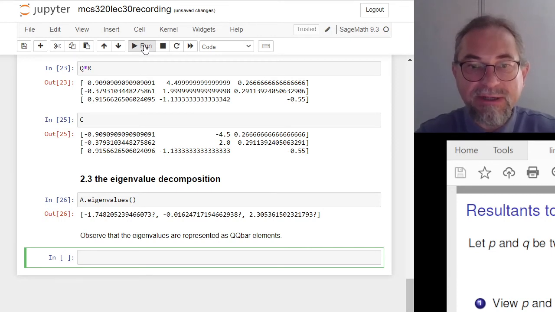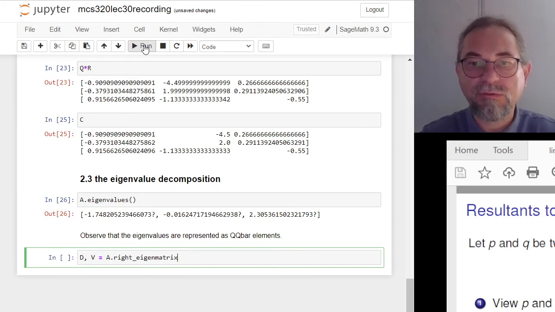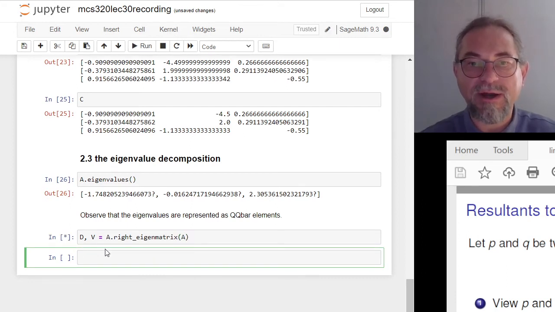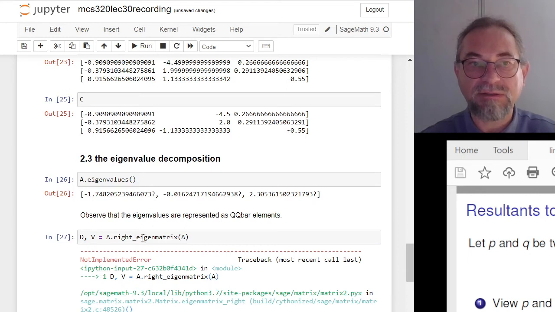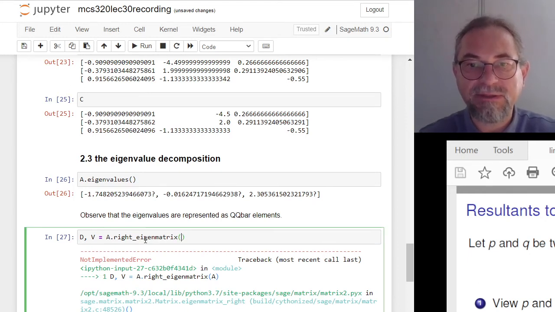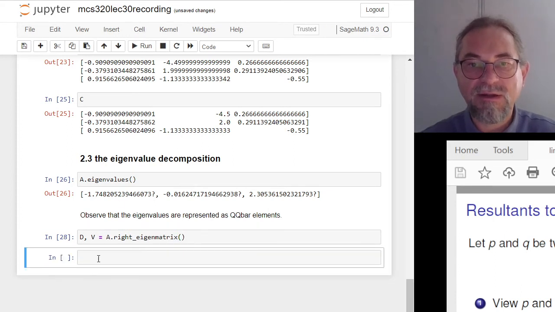Let me illustrate now the eigenvalue eigenvector decomposition. This goes via the computation of the right eigen matrix, and the right eigen matrix is a method that doesn't take A.